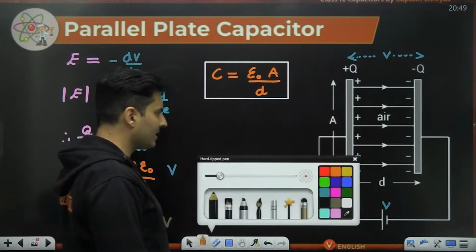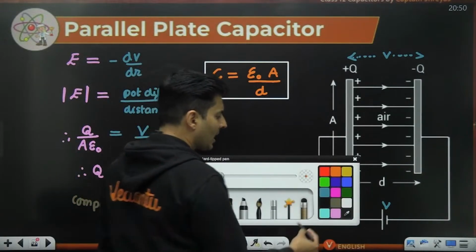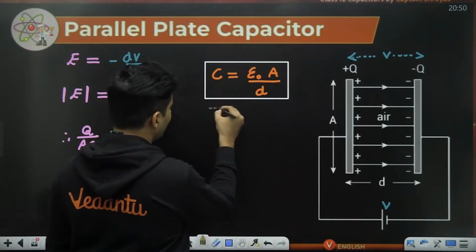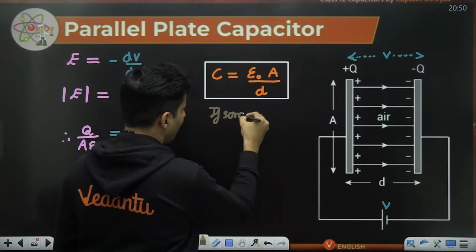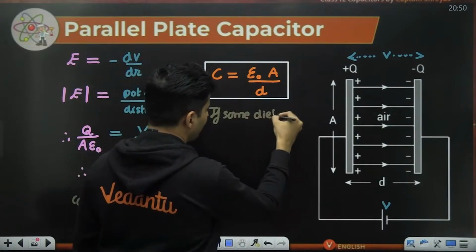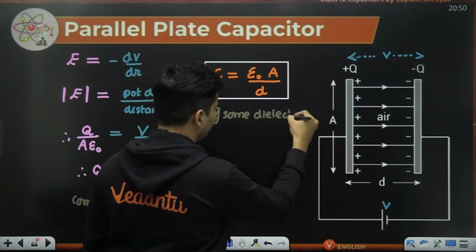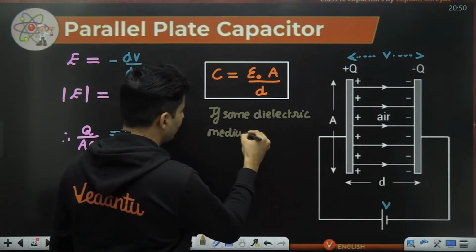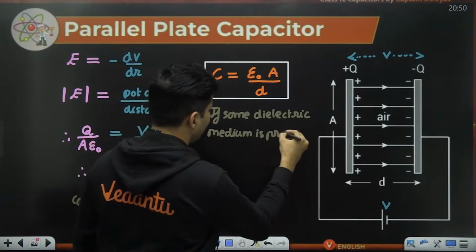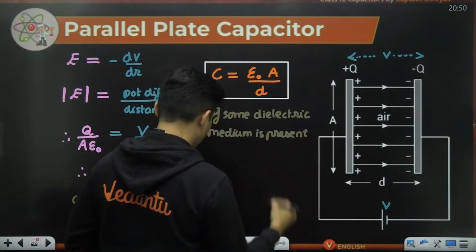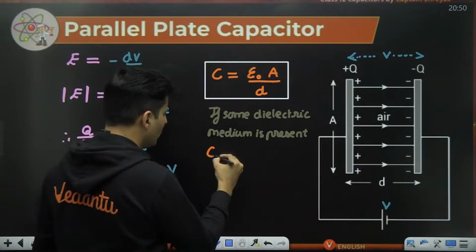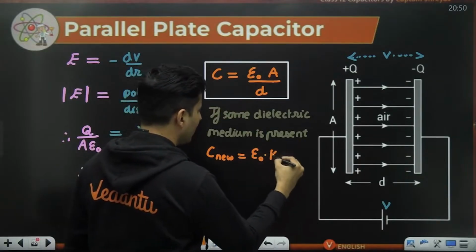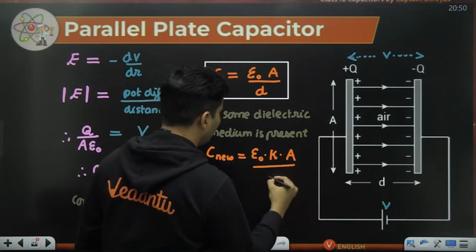So if this particular capacitor has some medium present inside, I can just mention over here, if some dielectric medium is present inside, then the new capacitance will be epsilon naught into K divided by D. That's the only difference.